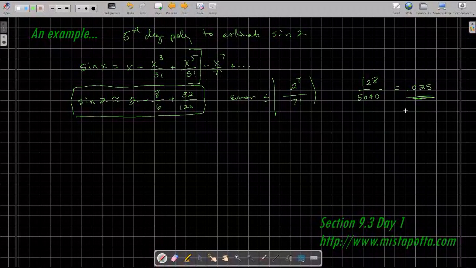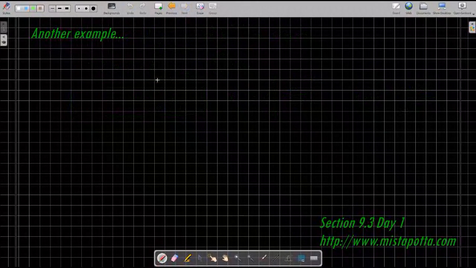So I want to do one more example of this. Let's say that I'm trying to deal with e to the x. I want to use the first 5 terms to estimate e to the 1/2 power.